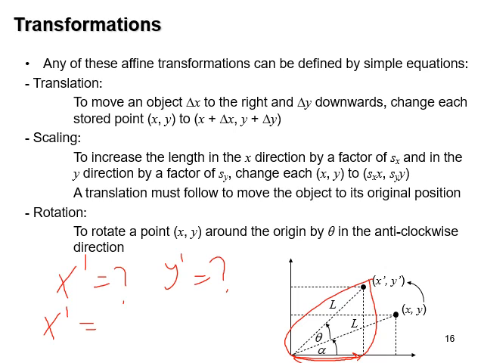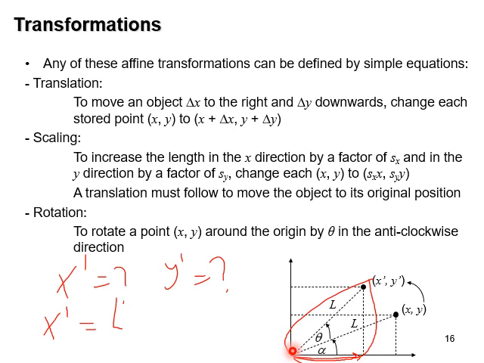So x prime can be written as L, and this is one thing that I forgot to mention: if you are rotating a point that has a distance L to the origin, around the origin by an angle theta, then the distance between the new point and the origin will be the same, because you're rotating around the origin.